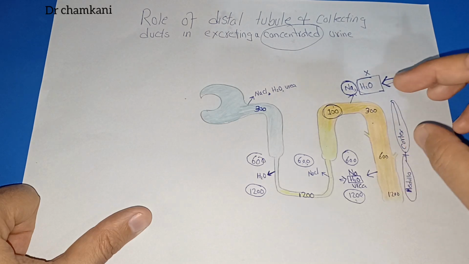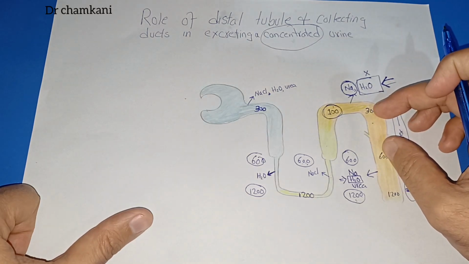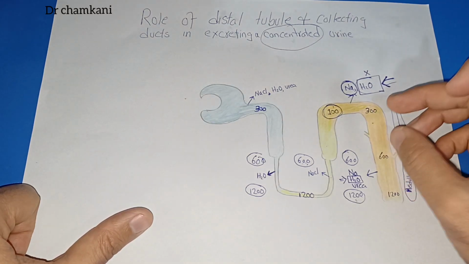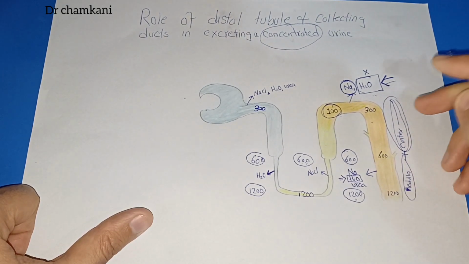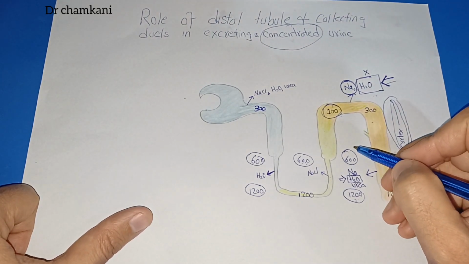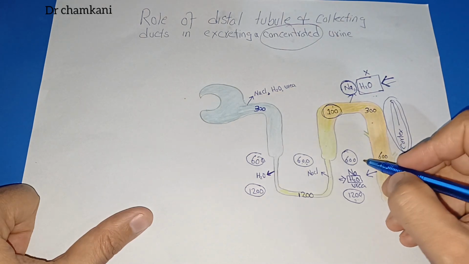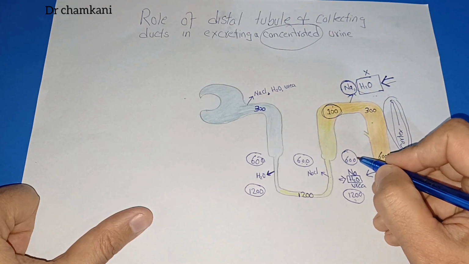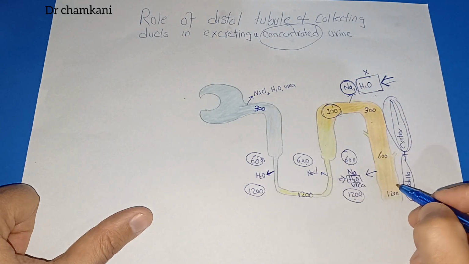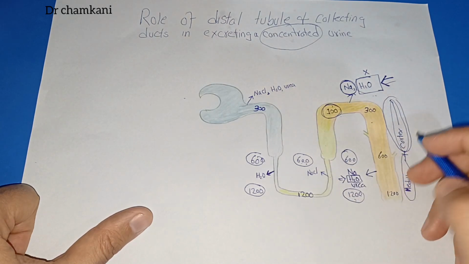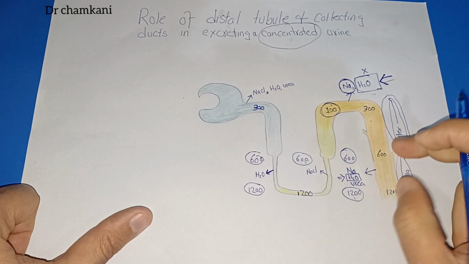So the fluid reabsorption due to the antidiuretic hormone takes place mostly in the cortical region, the region which is already less in osmolarity, and less water is reabsorbed in the medullary portion of the collecting duct.